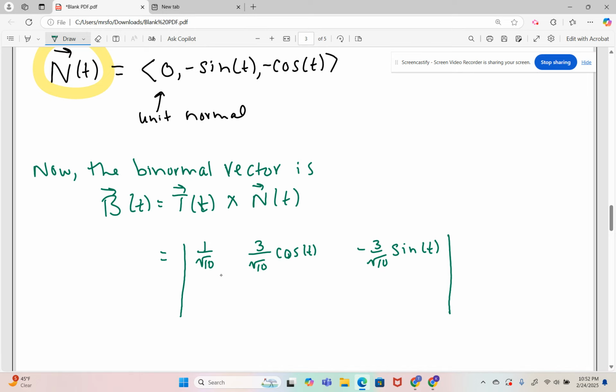And the little trick that we did back when we learned cross product is to bring the other two out.